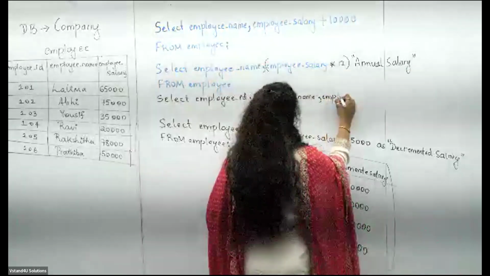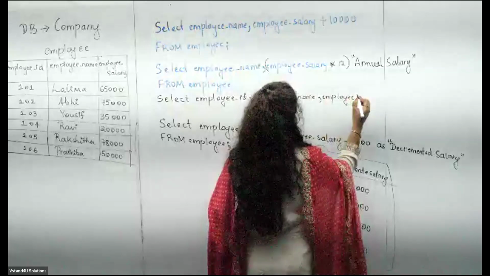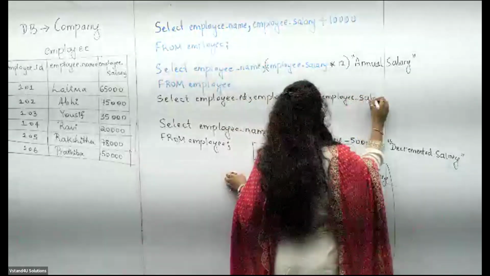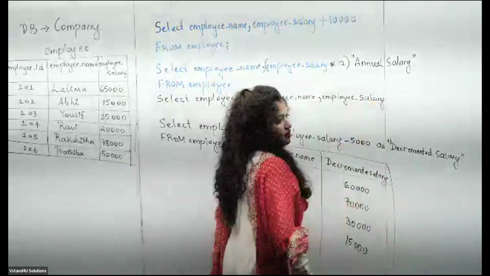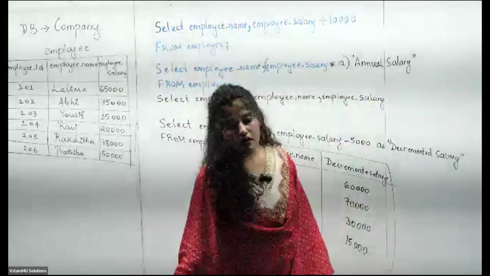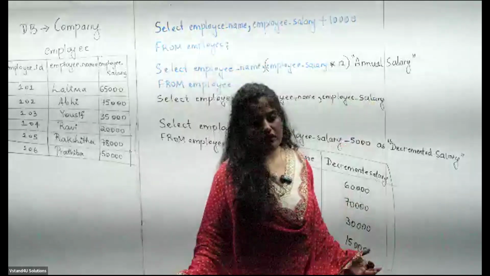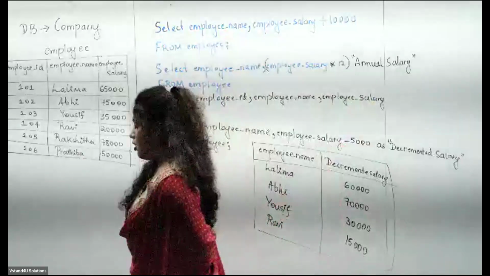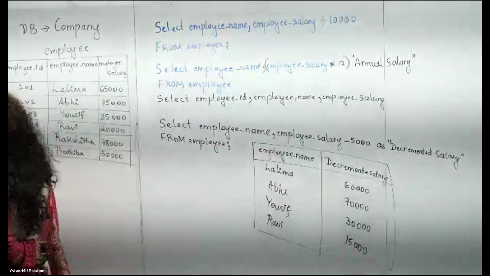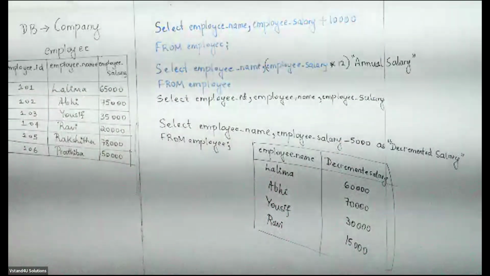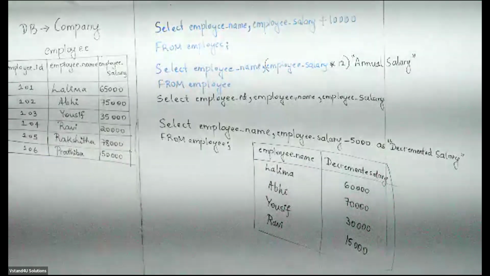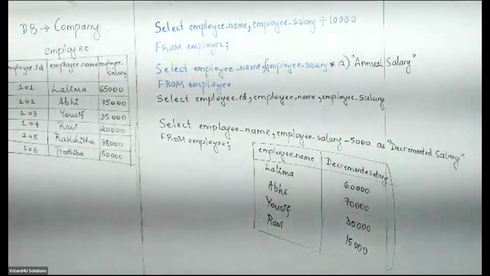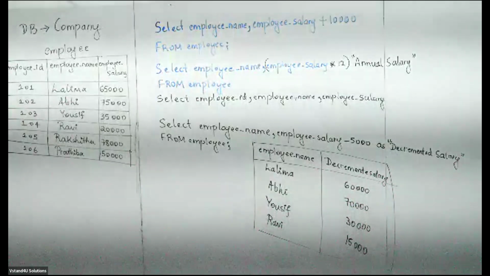Employee salary plus employee salary into 10%. How can I write this 10% as? Can I write employee salary into 0.10? Yes. Can I write like that?